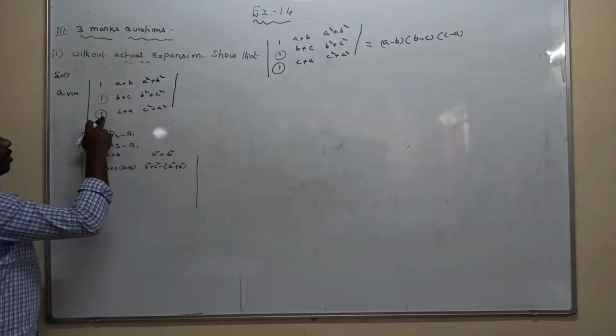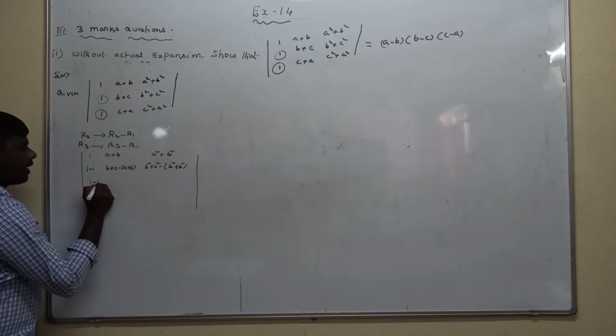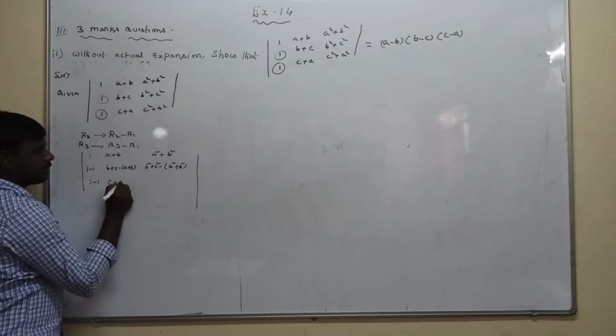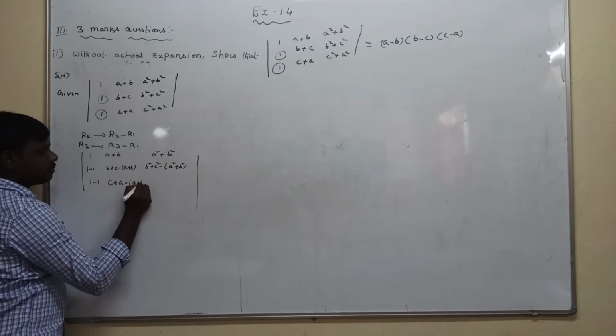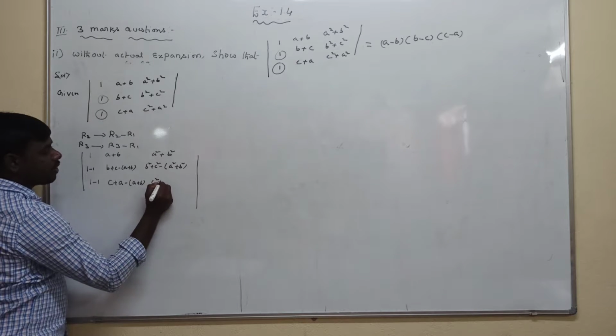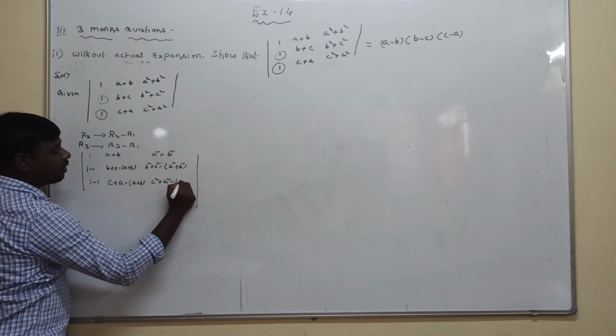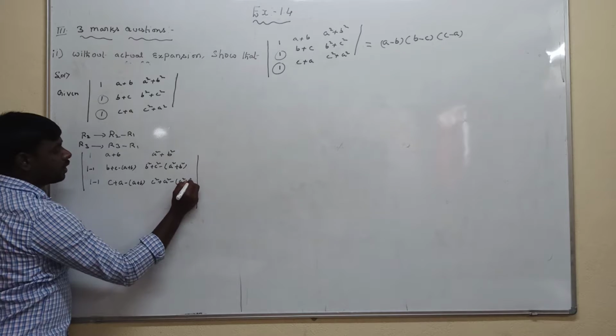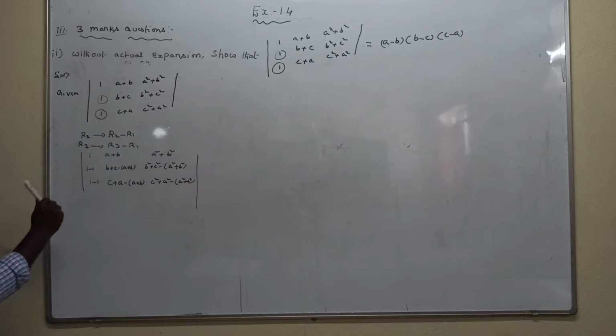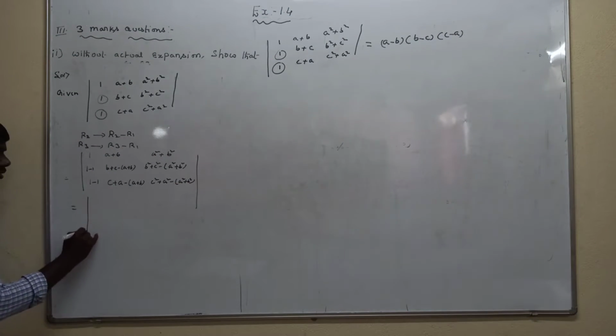Third row changes to third row minus first row: 1 minus 1, c plus a minus of a plus b, c square plus a square minus of a square plus b square. After applying the condition, simplify this one.